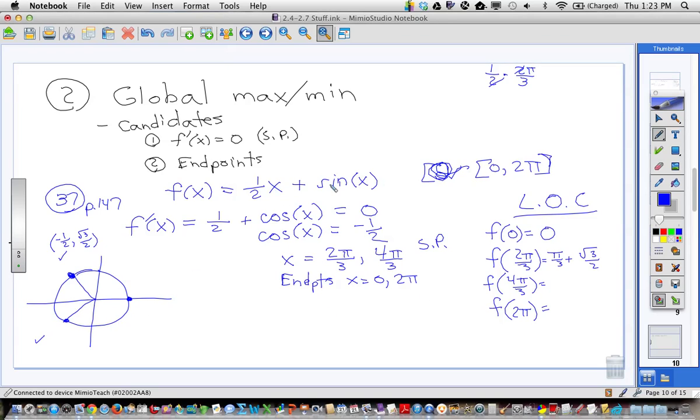Well, let's plug that in. We got 1/2 times 4 pi thirds. What's that? 2 pi thirds. Plus, and then what's the sine of 4 pi thirds? It'd be negative though, right? Because it's a y value here in the unit circle, so it'd be negative root 3 over 2.